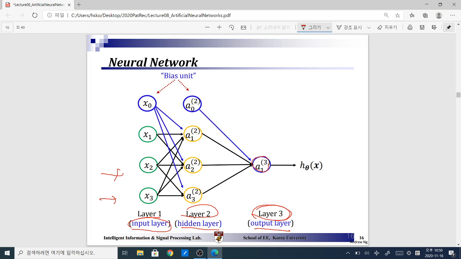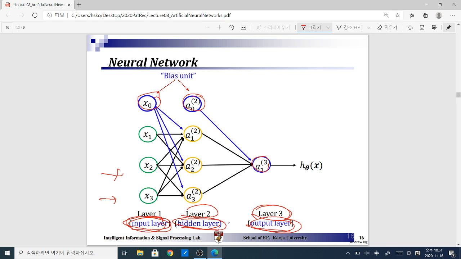What is accessible from outside, or visible from outside, is just the input layer as well as the output layer, and the hidden layer is not visible. That's why we say layer 2 is the hidden layer, because it's sandwiched between the input layer and the output layer. Another thing to consider is these bias units.